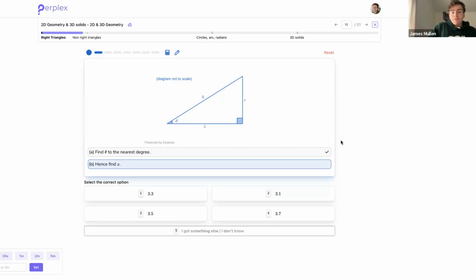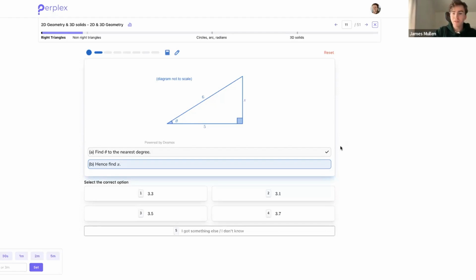So if I'm looking for x, then x is the opposite side, and I can either use tan or sine because both involve the opposite. I think sine is a little bit easier, so I'm going to write sine of theta is equal to x over 6, and therefore x is equal to 6 sine of theta.